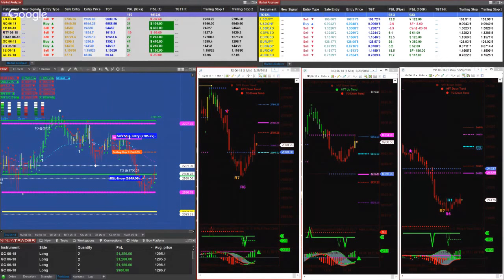The position ES closed, YM closed. So there is around $500-600 in that trade, and then we are looking for a new direction. That was a good trade. Those were good trades.